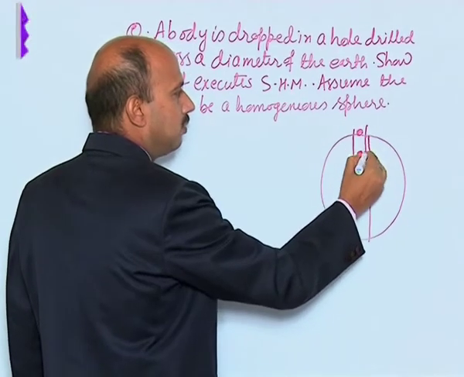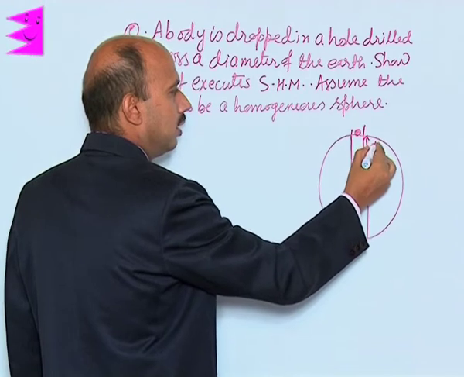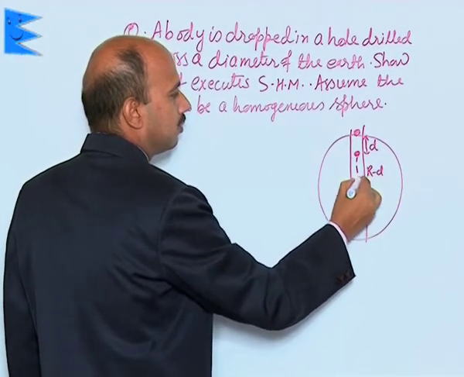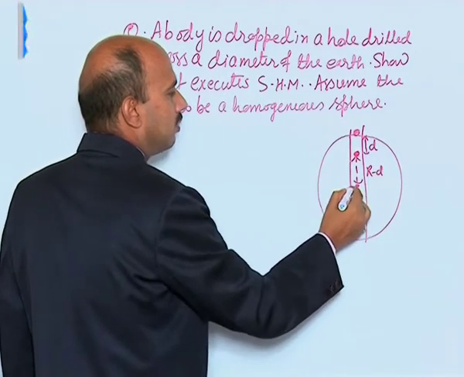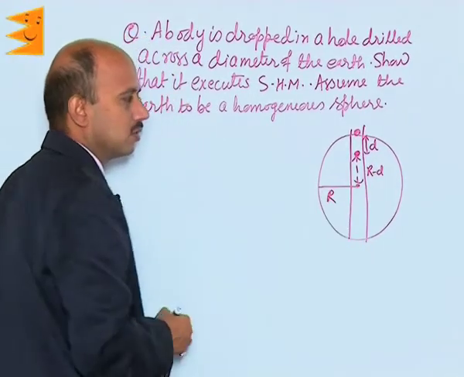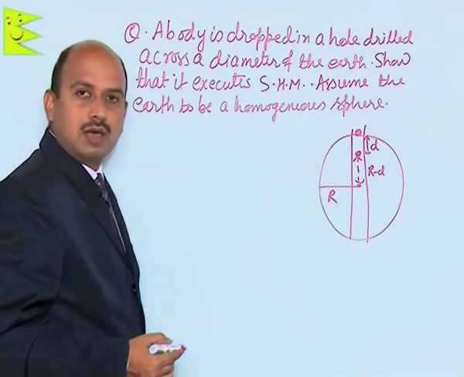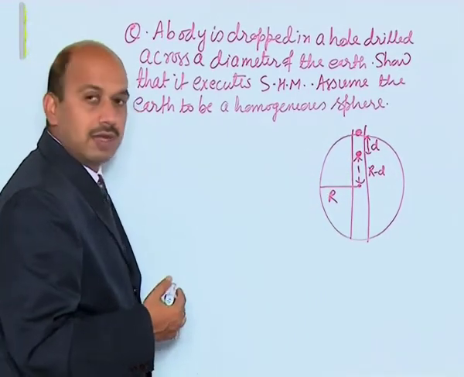So, this depth from the surface is d and the remaining distance is r minus d, where r is the radius of earth. When the body is going down, acceleration due to gravity is decreasing.